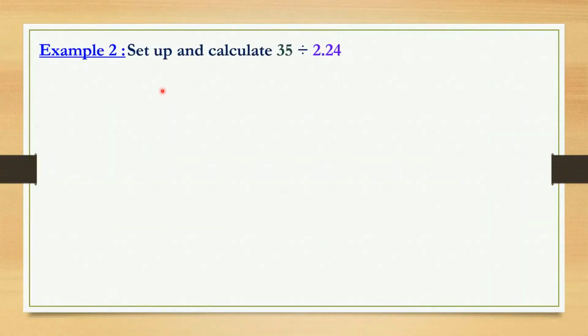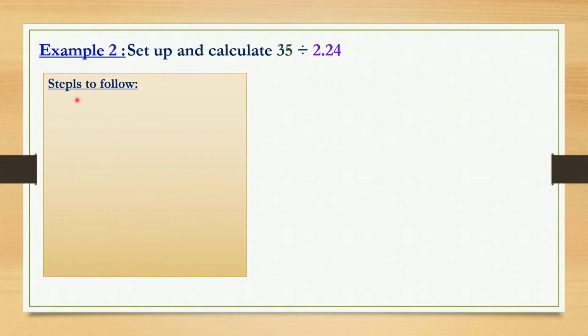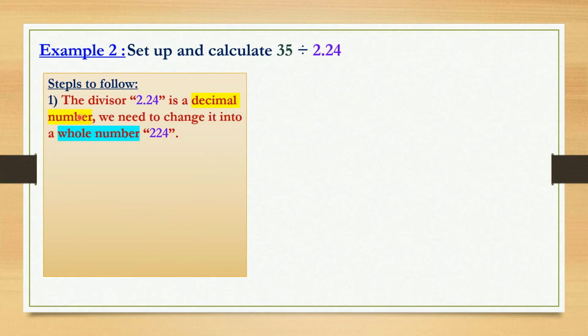Example 2, set up and calculate 35 divided by 2.24. Steps to follow. The divisor 2.24 is a decimal number. We need to change it into a whole number, which is 224. To fix the problem, we multiply 2.24 by 100 because it has 2 digits after the point.